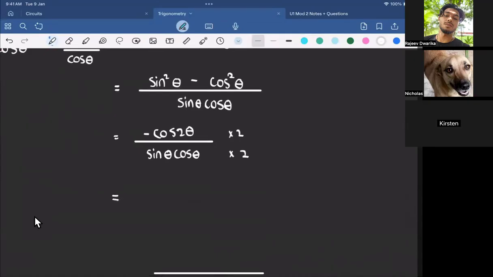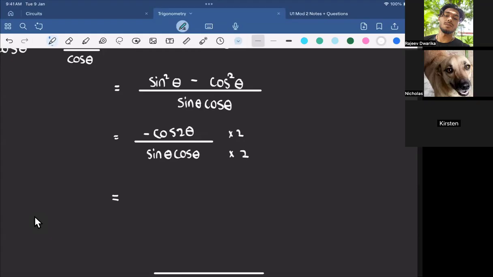If I multiply the top and the bottom by 2, the reason I'm doing that is because look at the bottom. The bottom is sine theta cos theta. What's the identity for sine 2 theta? Sine 2 theta is 2 sine theta cos theta. Right, but we only have sine theta cos theta.